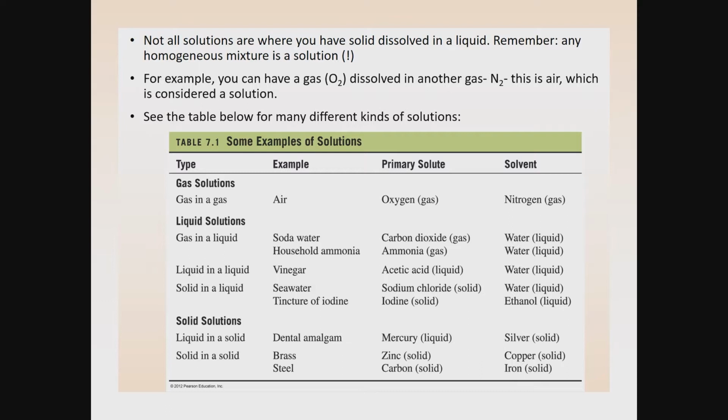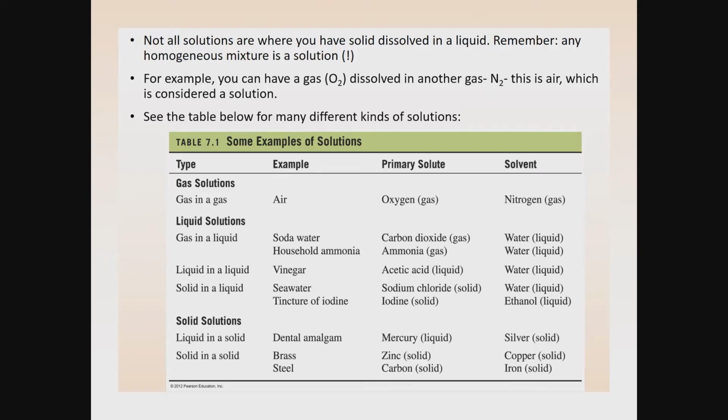Also, interestingly, there are solid solutions. You can have a liquid mixed in with a solid. In that case, what dentists use is a compound, or rather, I should say, I made a mistake there. What dentists use is something called a solution, which is a homogeneous mixture again, called amalgam. And there the liquid is mercury mixed in with the solid, which is silver.